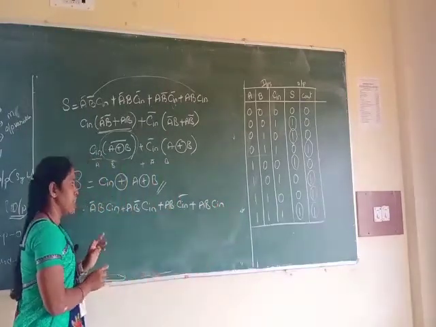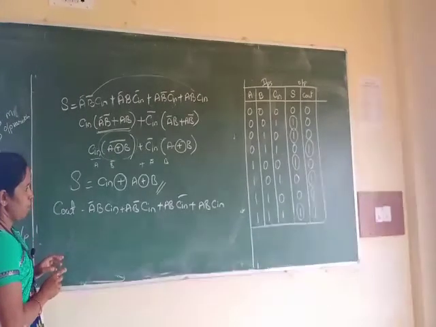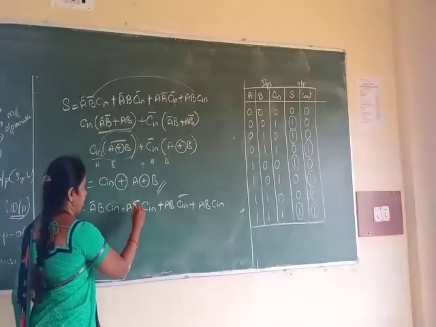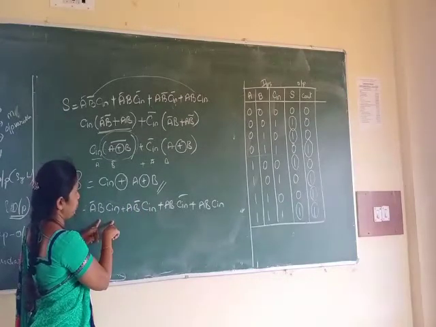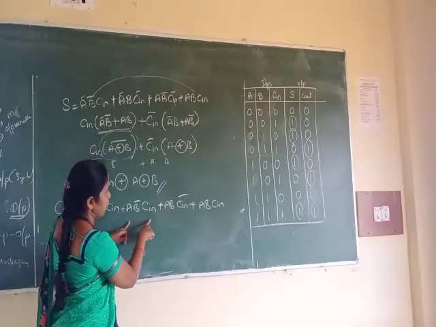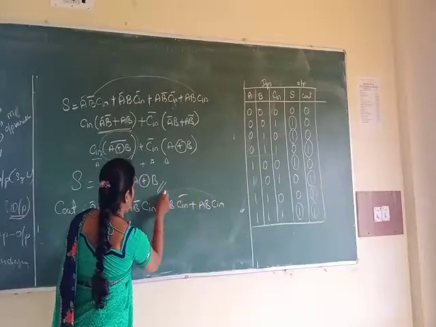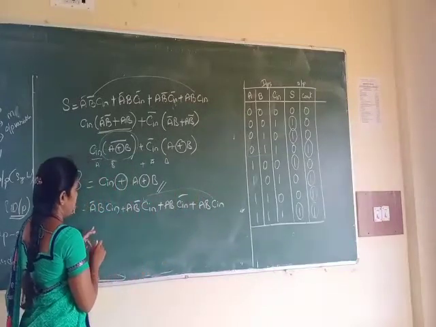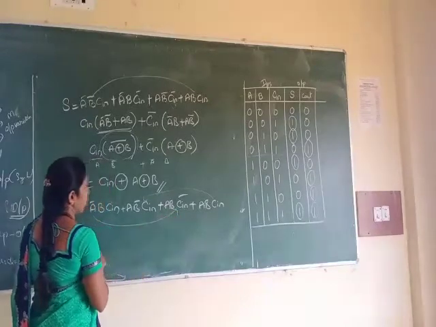Again you have to check, so what is the common here? Now I will take A B bar C in and A B C in. So these two I can take the common, and these two I can take the common here.